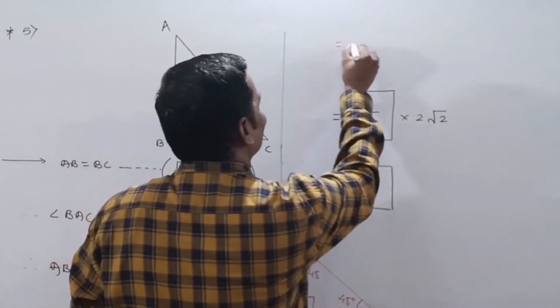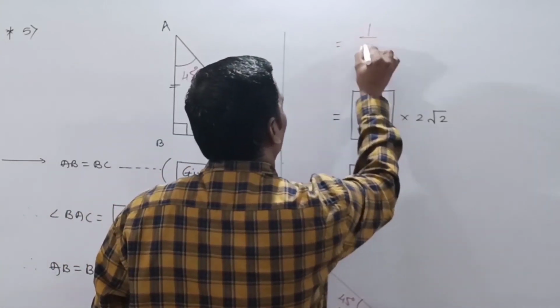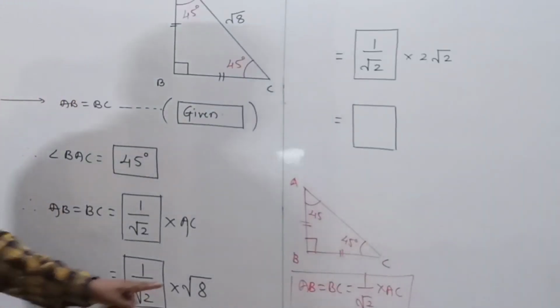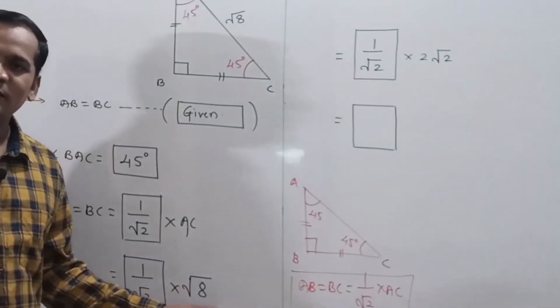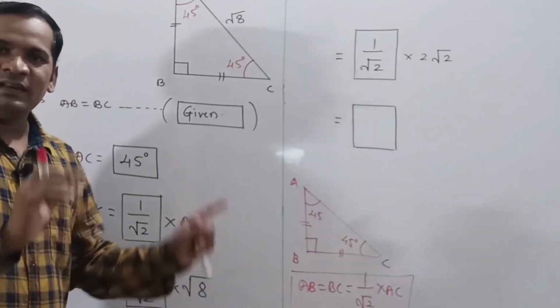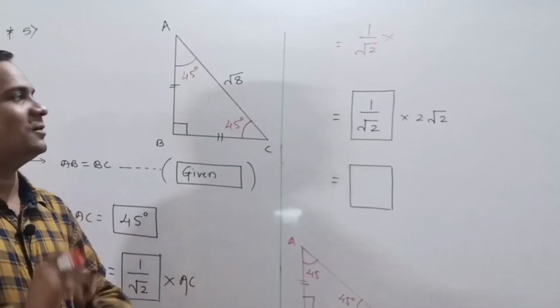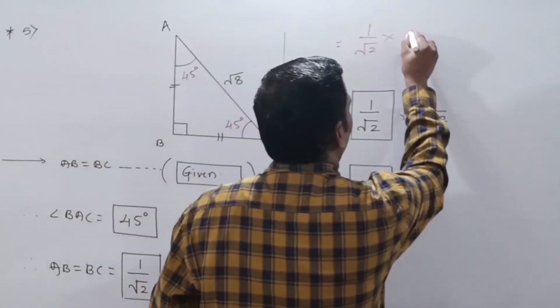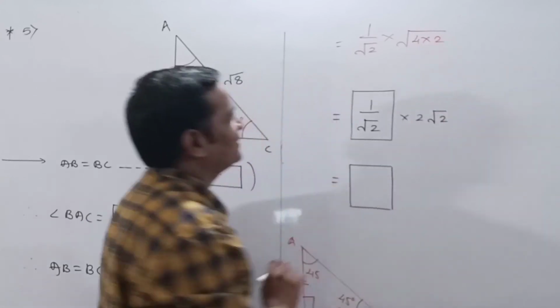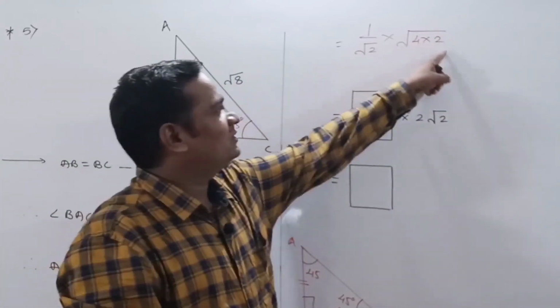This will be 1 upon root 2 into root 8. We have to find two factors of 8 such that we can easily take the square root of one of them. So we can write 4 into 2, since 4 twos are 8.